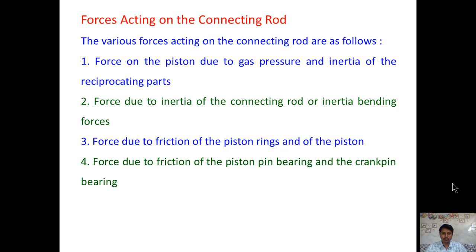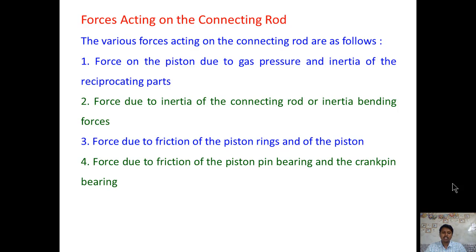There are various forces acting on the connecting rod. The first and major force is the force due to the piston. The forces transferred on the piston are the gas pressure force and the force due to inertia of the reciprocating parts. This net force acts on the piston, and that force is transferred to the connecting rod through a piston pin.